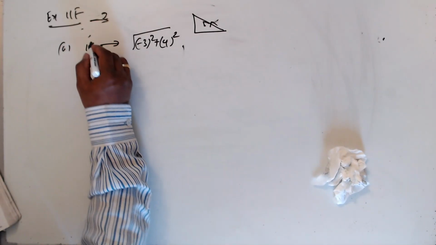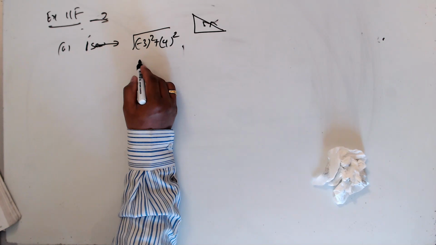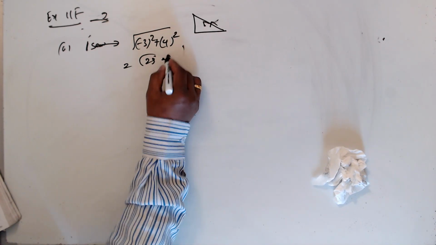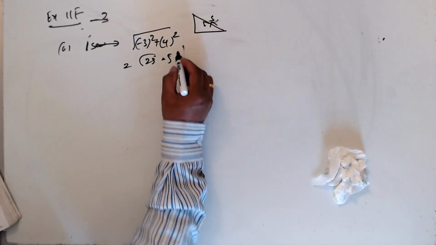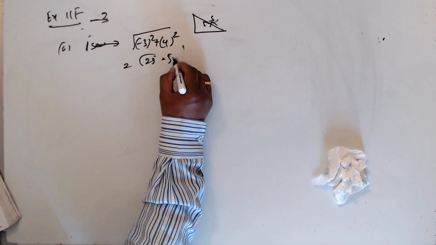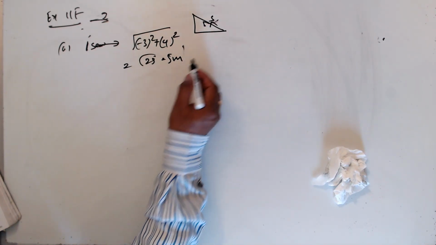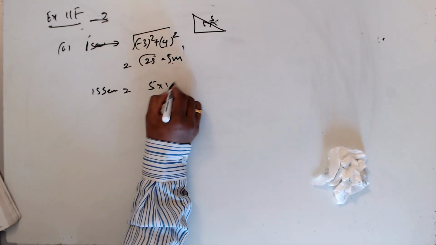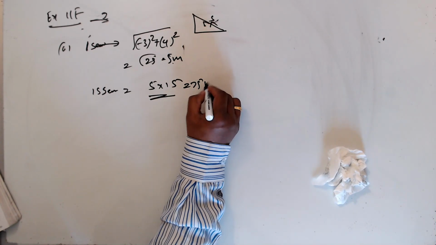For 1 second, this is 25, square root 25, which is 5. For 1 second, you are going 5 meters in this direction. So for 15 seconds, you multiply 5 times 15, which is 75 meters.